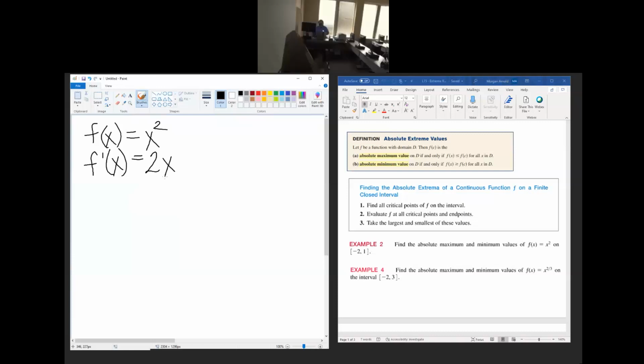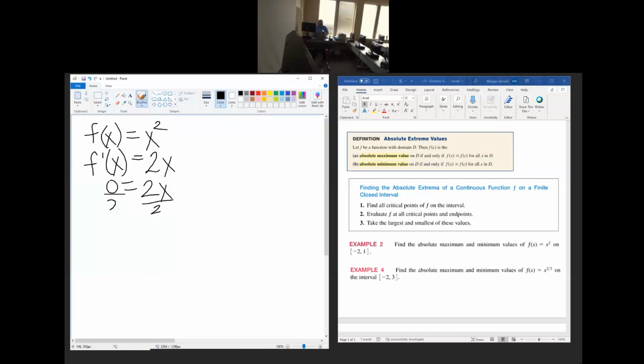The next step, which is actually step 1 in our list over here, find all critical values or points of f. So to find your critical point or points, just set your first derivative equal to 0 and solve for x.